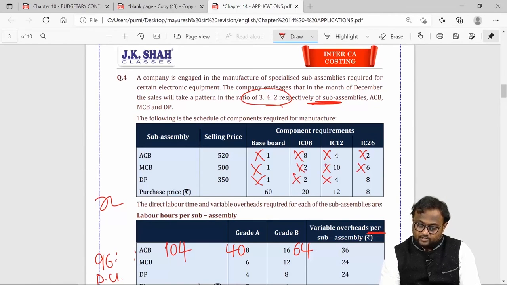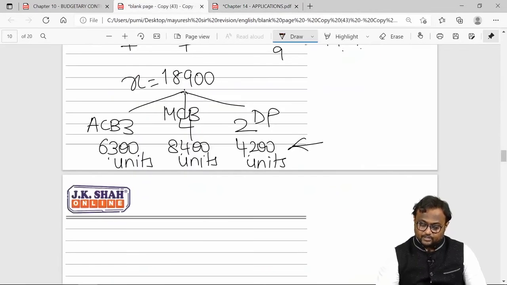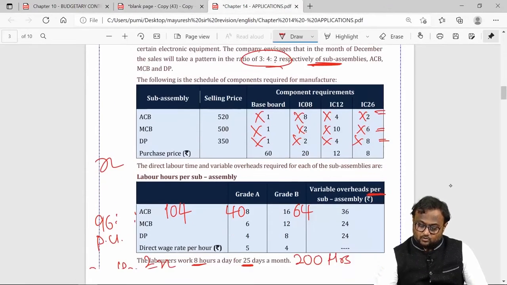DP, quantity manufactured multiplied by 1, 2, 4, 8 will directly give you your total answer of consumption. Add closing stock of raw material, less opening stock of raw material, same thing.